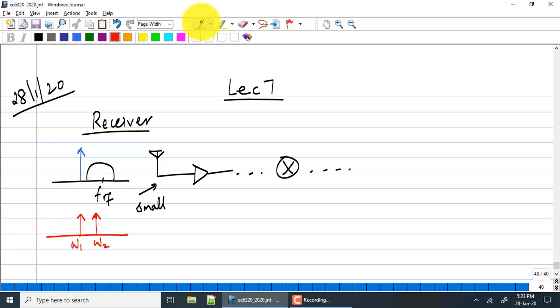Many modern high data rate signals use a particular type of signaling called OFDM. I don't know if you have heard of this term before, OFDM. Orthogonal frequency division multiplexing. Okay, orthogonal frequency division multiplexing.